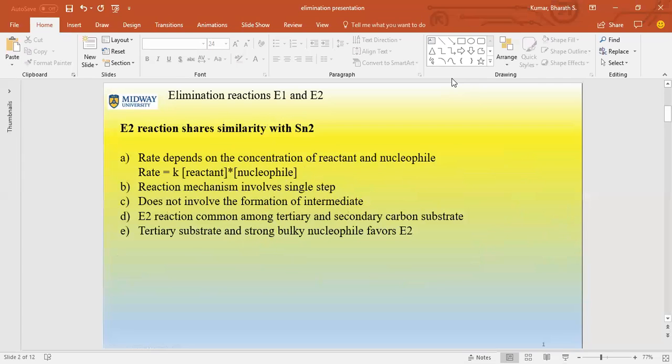All right. So just like E1 shared a lot of similarities with SN1, E2 shares a lot of similarities with SN2. That is, the reaction rate of an E2 depends on both the concentration of the reactant and the nucleophile. For instance, say this is our reaction, plus say your OH minus. Now keep in mind, this is just one of the many nucleophiles available.